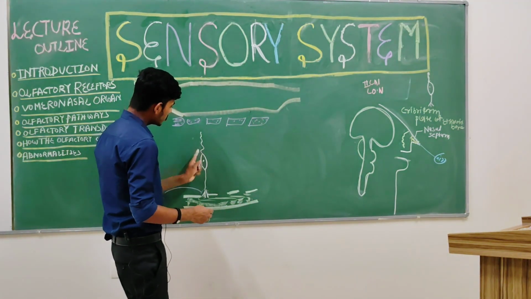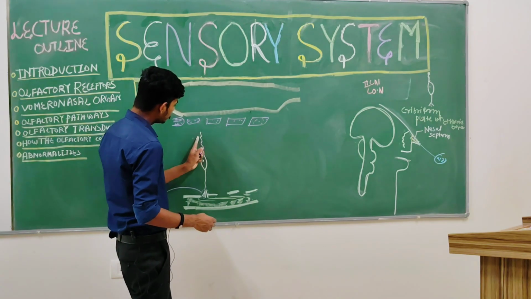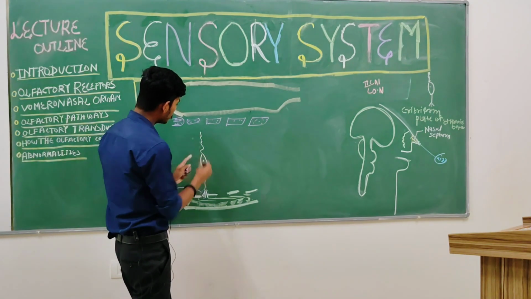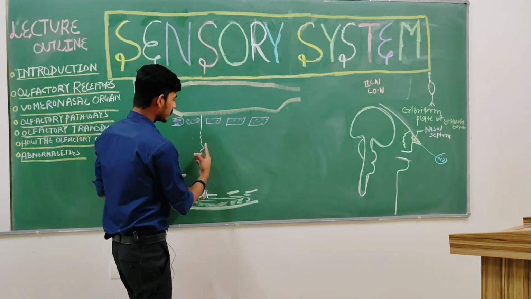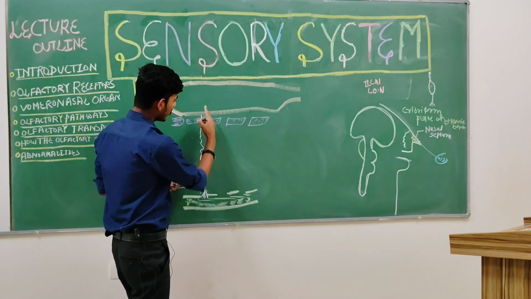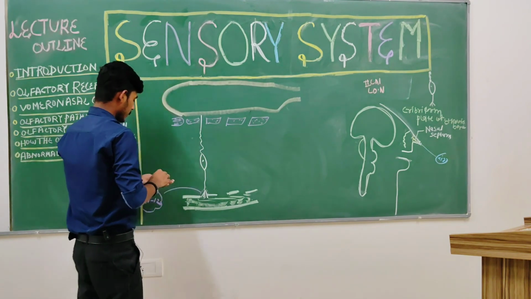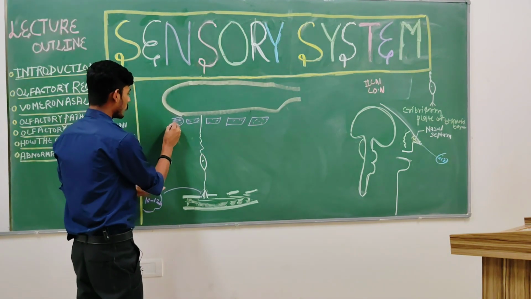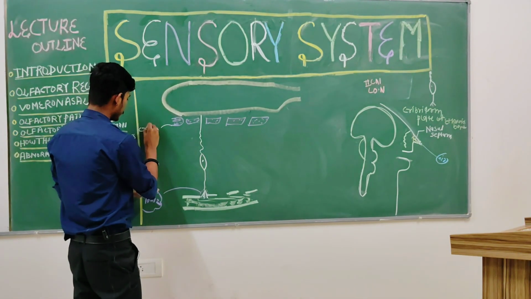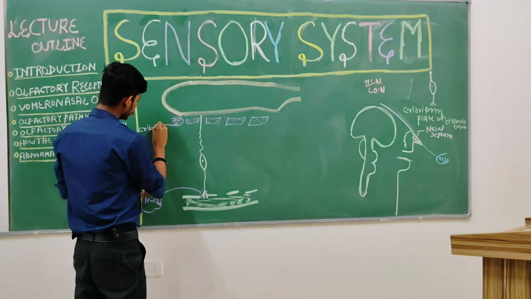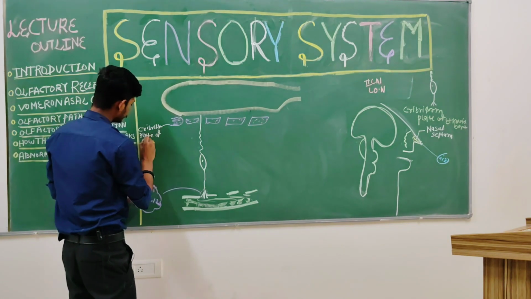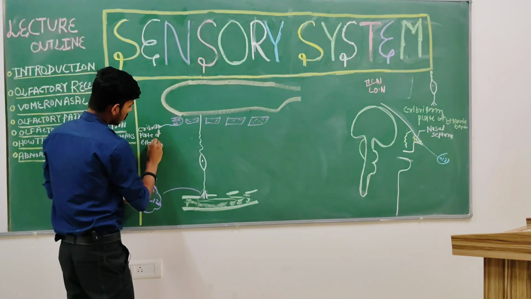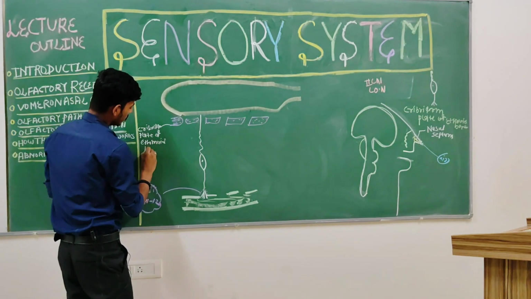Now, these bipolar neurons, the dendritic part, pierce the ethmoid bone, the cribriform plate of ethmoid bone. Write down, it's the cribriform plate of ethmoid bone.